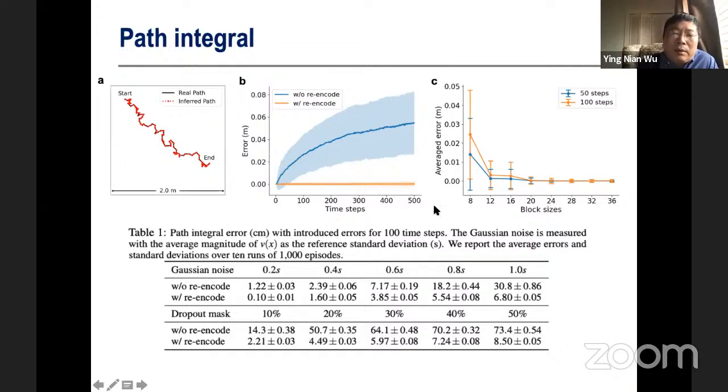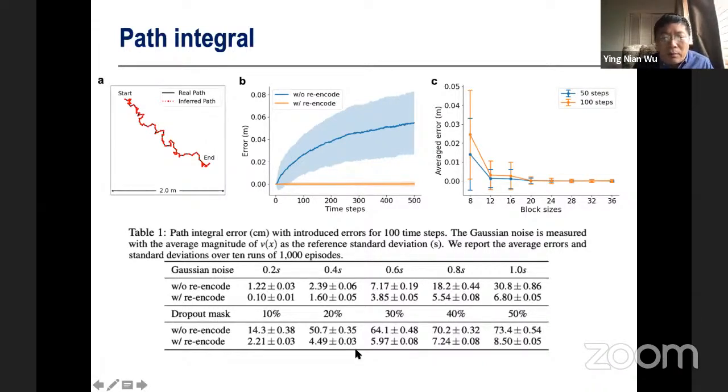Also, this system, through this projection to the 2D manifold, is capable of error correction. For example, if the noise is the same as the magnitude of the response, then with a re-encode projection, after 100 steps, in the 2 meter by 2 meter environment, the error is like 7 centimeters.